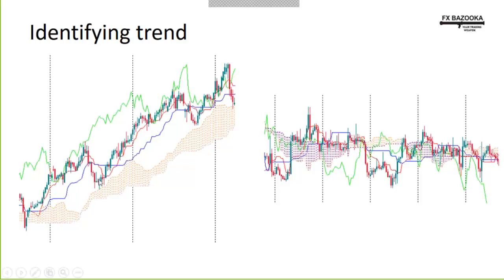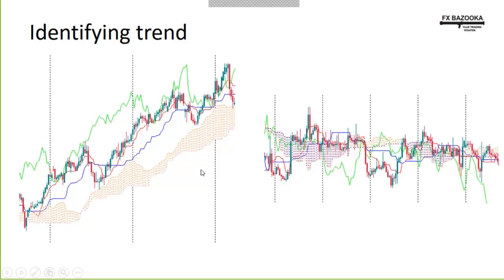If we see that the price is above the cloud, and it is completely above the cloud, like in this picture on the left, and then goes blue line, then red line, the price itself, and somewhere higher is the green lagging line, then it is a trend, and in this case an uptrend.